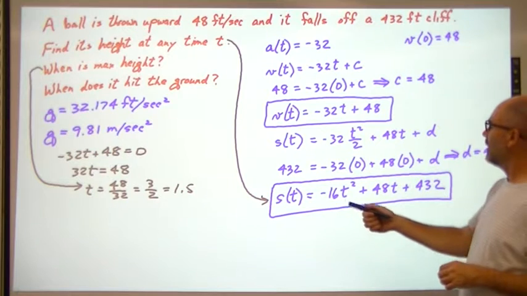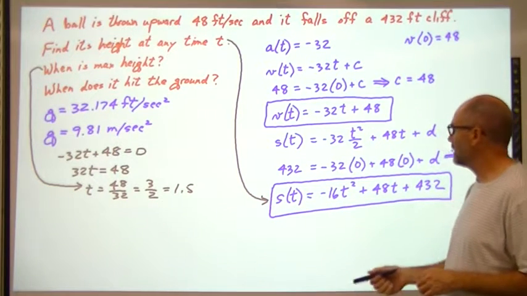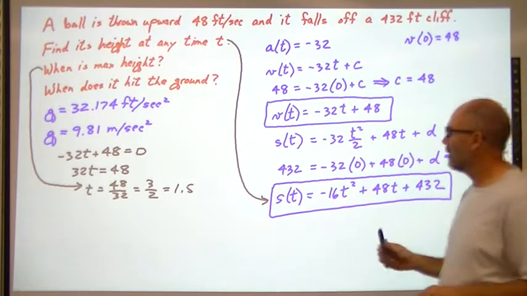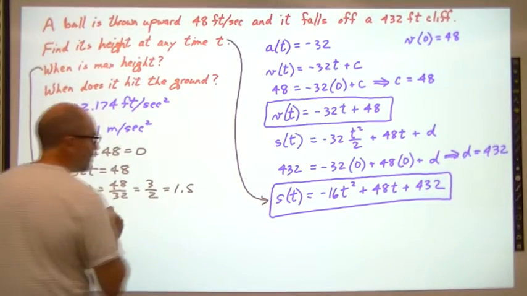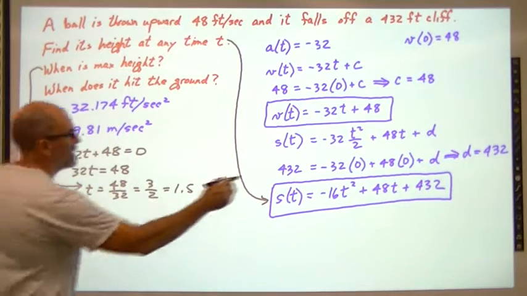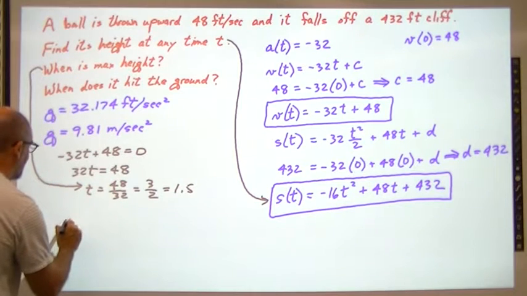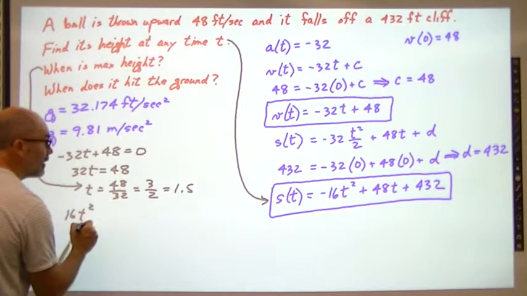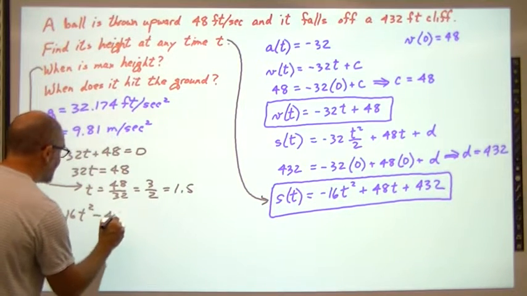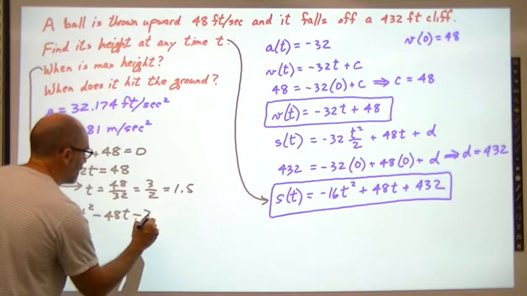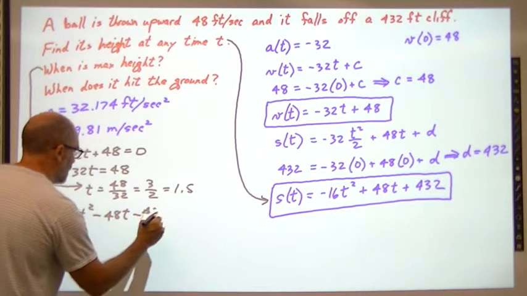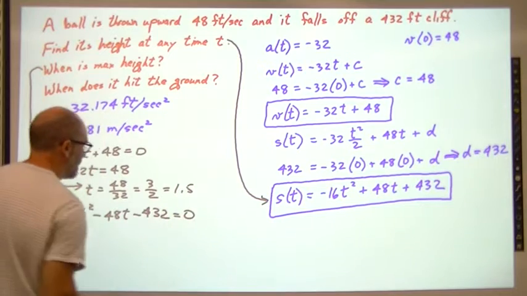So all we do is set s equal to 0 and we solve for t. So let's just bring all this stuff over the other side. So 16t squared minus 48t minus 432 equals 0.